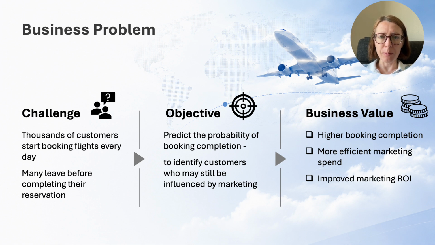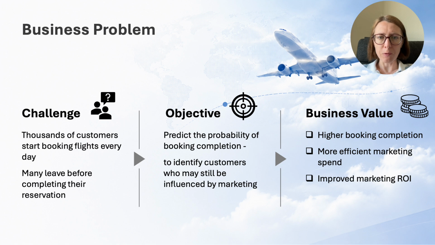Before building any predictive model, we first need to understand the business problem. Every day, thousands of customers start the booking process. However, many leave before completing their reservation. The challenge is that we do not know in advance which customers are still likely to complete their booking and which ones are about to leave.